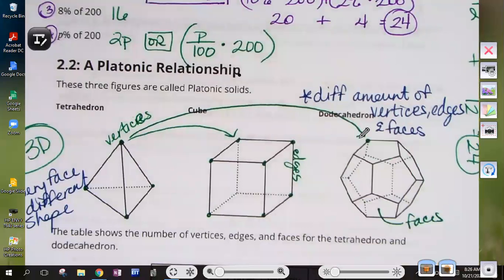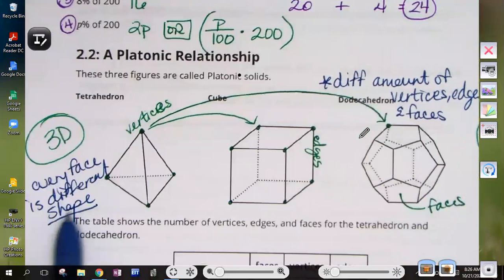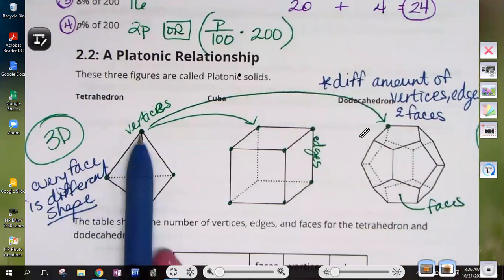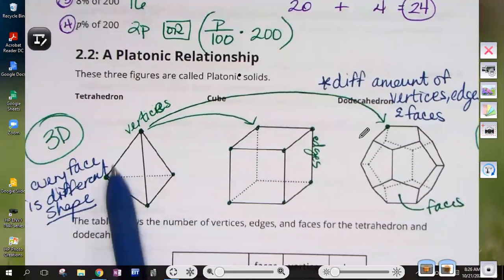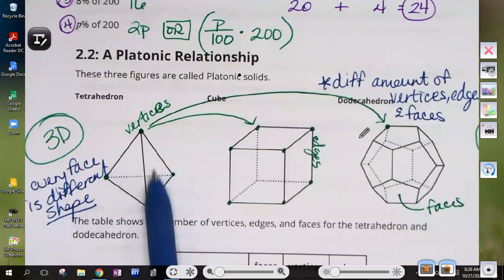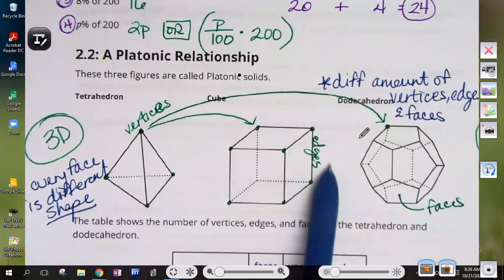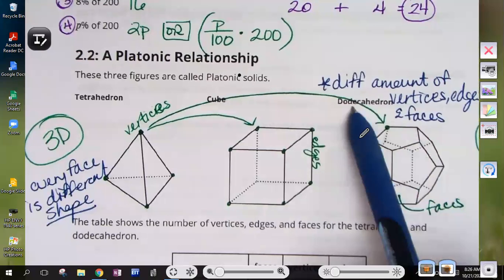Okay. So what is this one? We said every face is a different shape. What's the face of this one? Like what it's called. What kind of shape is it? Triangle. All right. How many does it have? 4. Okay. What about for the cube? It's got a square face. And how many faces? 6. All right. And then we got a dodecahedron.